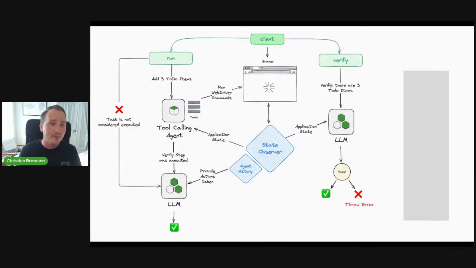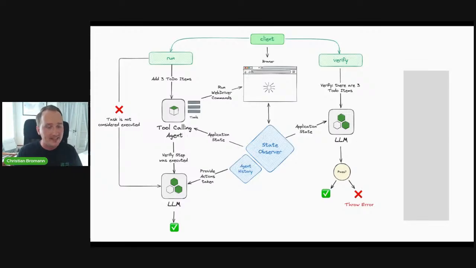You can use them to build a tool calling agent, which is an agent that has access to various tools. You can think of these tools as single actions in the browser, like finding an element, executing a click on an element, or getting the text of an element. These tools have access to the WebdriverIO instance and can access the browser through the WebdriverIO interface.